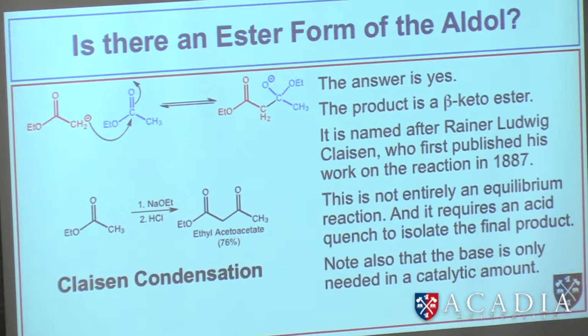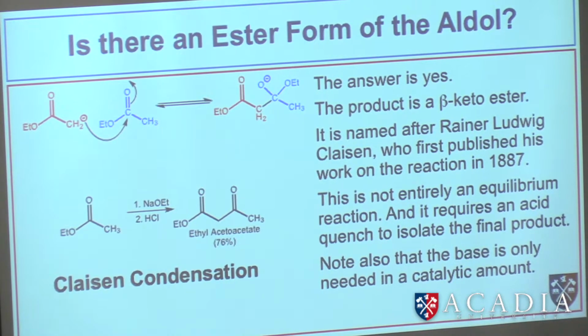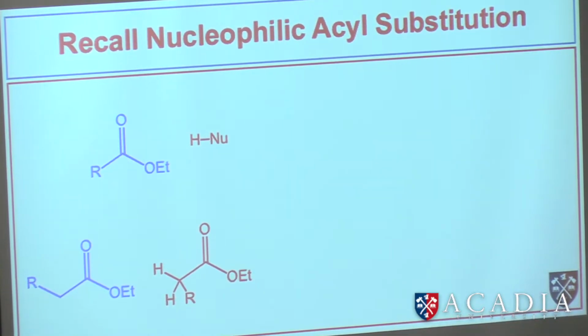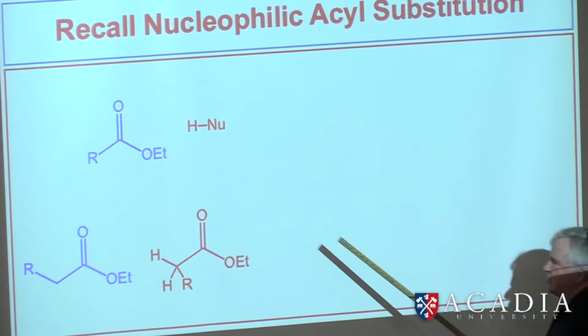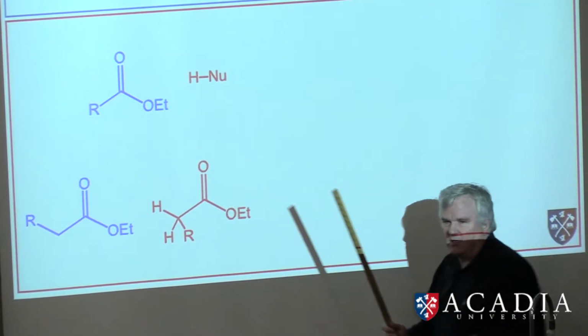One of the things that helps us out is this is not entirely an equilibrium reaction, even though we've shown an equilibrium. I want you to go back and recall nucleophilic acyl substitution reactions, where we had an ester reacting with a nucleophile.